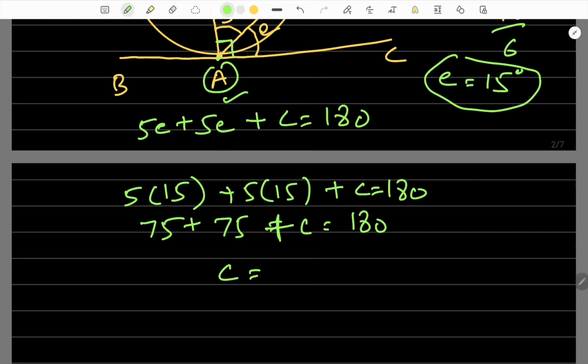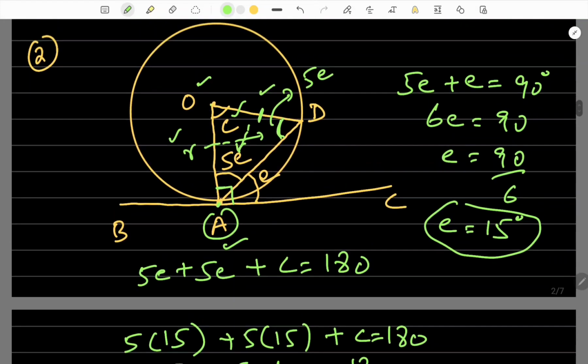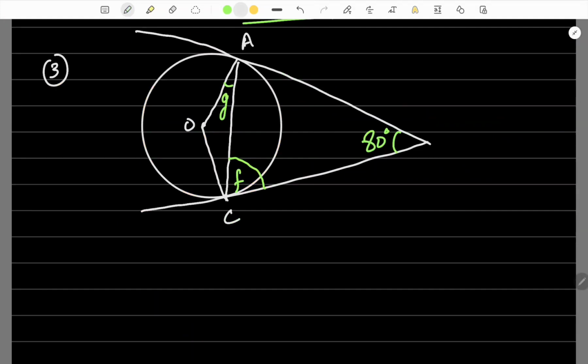So this goes to the other side and gets subtracted. What is c? 30. The rest is basic simple plus and minus work. But again, it's all about applying the basic properties. Okay, let's take a look at this question.